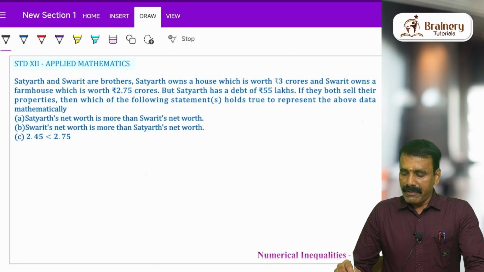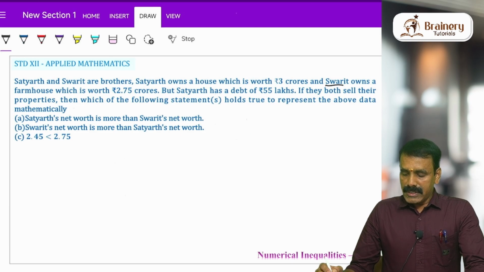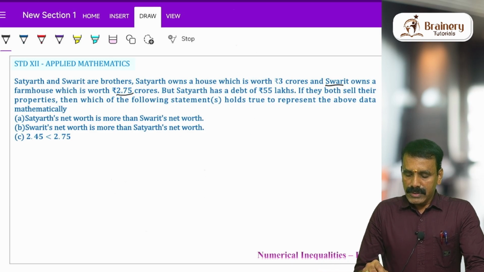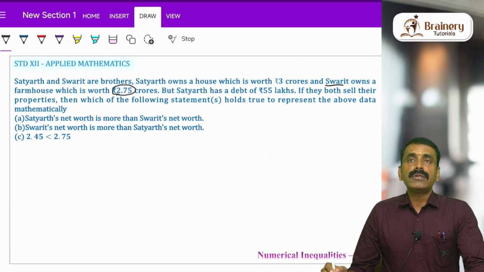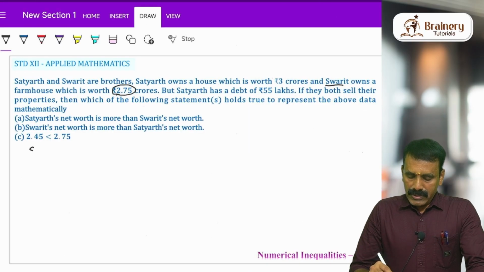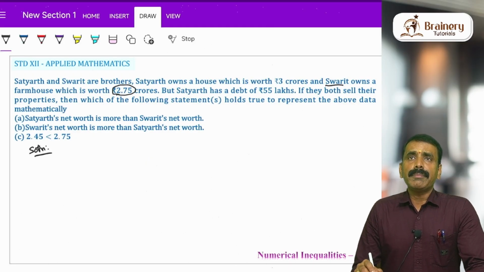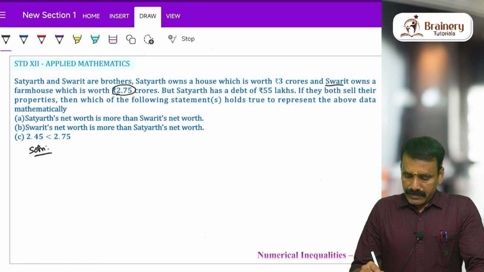But Swarit is having a farmhouse which costs 2.75 crores. He has no debts to repay. Is it clear? So to find the solution, we try to calculate the net worth of both the persons. First one, Satyarth.